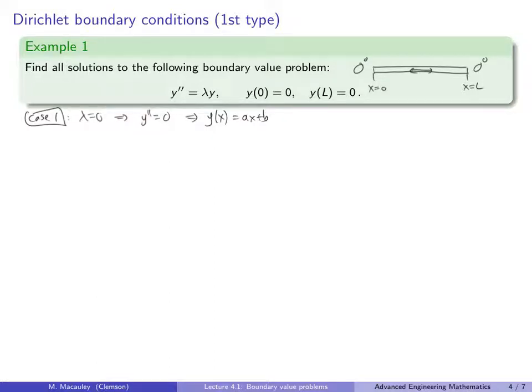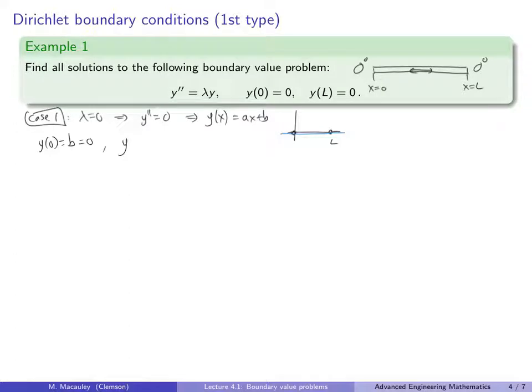So we have a linear function that, if you graph it, at 0 takes the value 0, and at L takes the value 0. So it goes through these points, and so it clearly has to be the 0 function. Now if you want to verify this algebraically, you can plug these in. If you plug 0 in here, you get y of 0 equals b, and that is equal to 0.